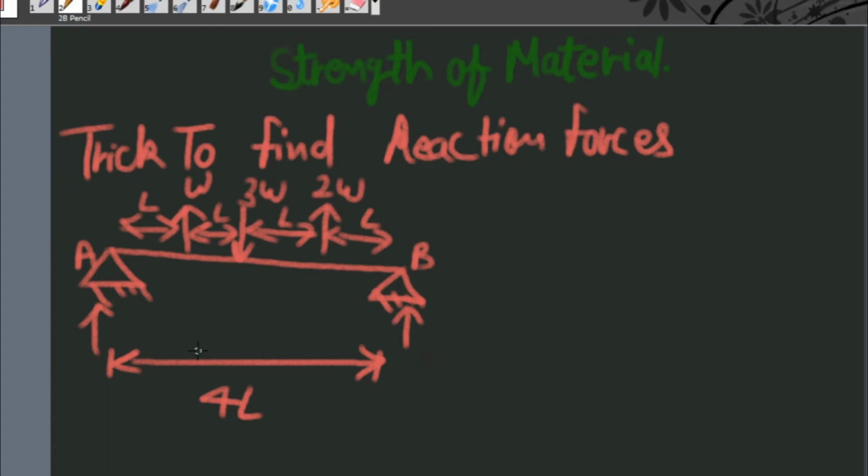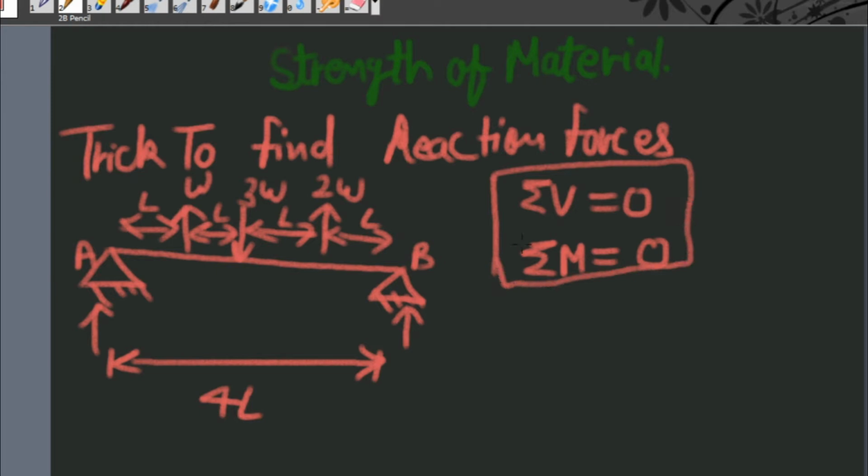To find the reaction force at the point A and B, first of all we are required to keep two or three things in mind. First, check whether the vertical forces sum is 0 or not, and whether the summation of moment is equal to 0 or not. If both of these conditions are satisfied, then we can say that the vertical reaction is equal to 0. This is case number one.